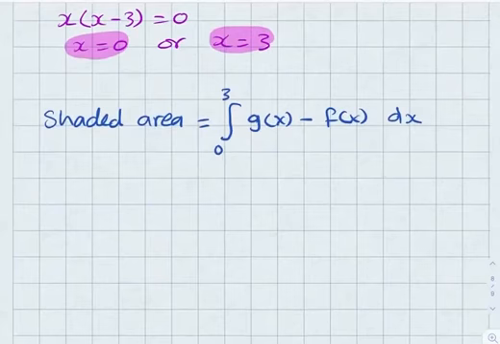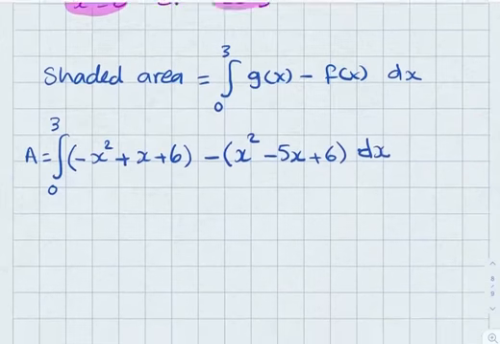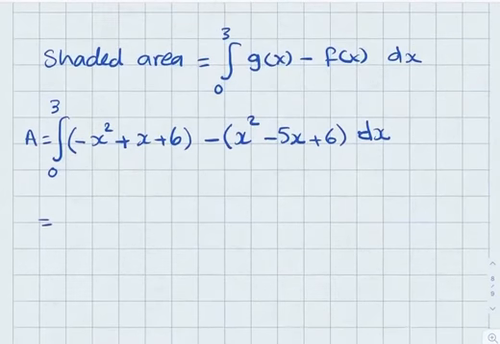If we substitute, the area equals the integral from 0 to 3 of minus x squared plus x plus 6 minus (x squared minus 5x plus 6) dx.